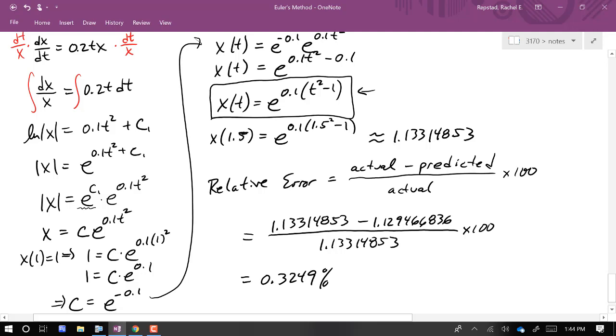So less than 1% error at the end of that interval. Pretty close. We could make our predicted values even closer if we used a smaller delta t and took more steps.